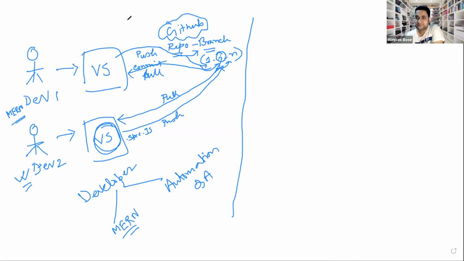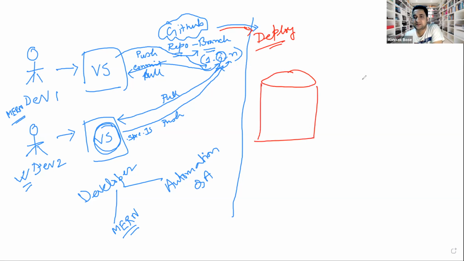Now think about when the time actually comes, from this GitHub, suppose you have to deploy. Let me change the color. Suppose there are two servers. Just think this is one server, this is another server.